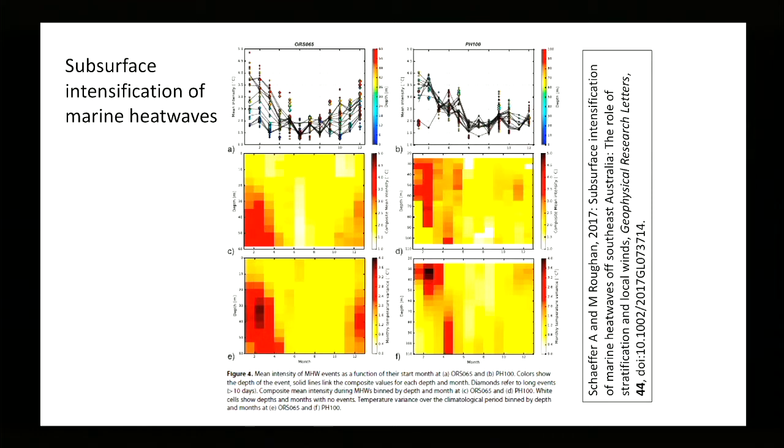It's warm up here, cold down here, and you're in that gradient region, and the moment that goes down, you're going rapidly from warm to cold over a very short vertical extent. The moment that pushes down, it gets really, really warm just through a dynamic response. It's coming from the upper layer, but you're not seeing it expressed as a warming at the surface.